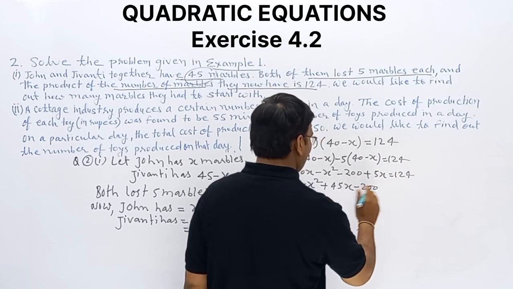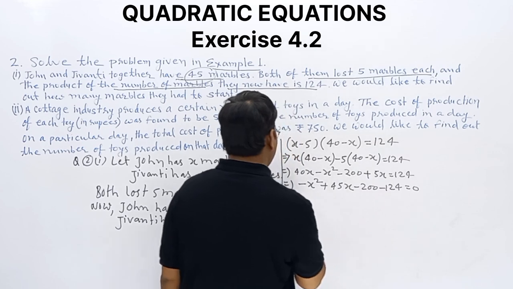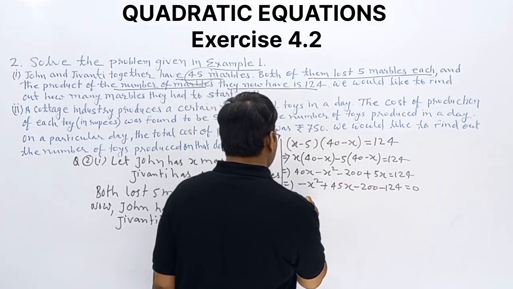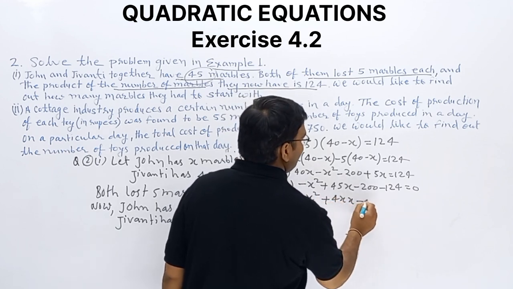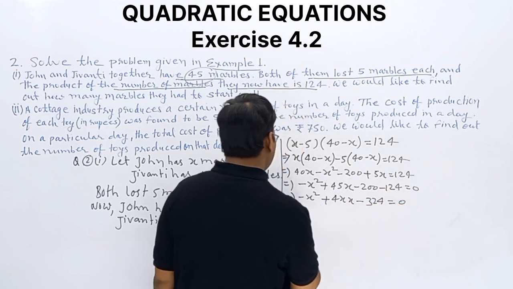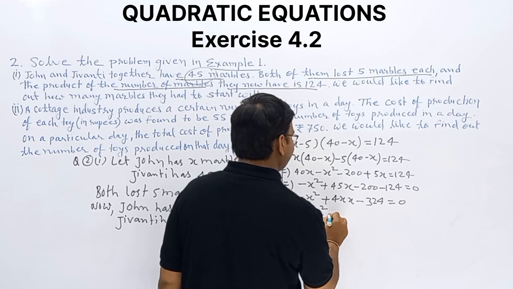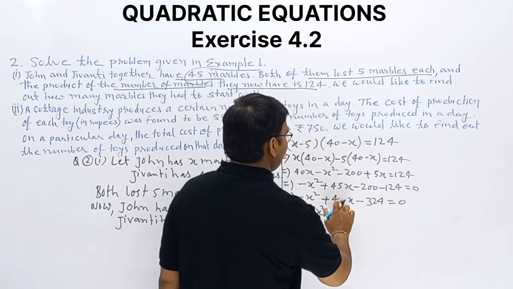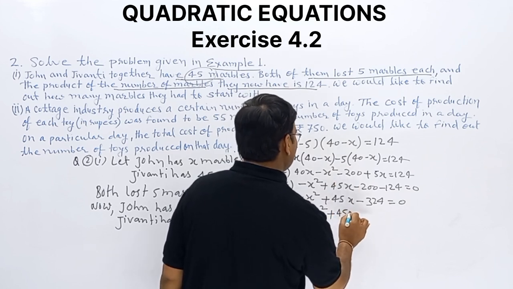Transpose minus 124 to the left side. Minus 124 equal to 0. Add both: minus x square plus 45x minus 324 equal to 0. Take minus 1 as common: x square minus 45x plus 324 equal to 0.